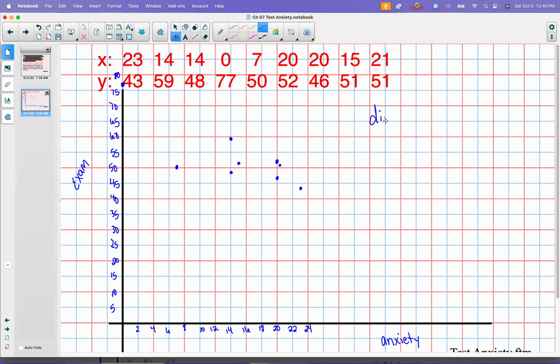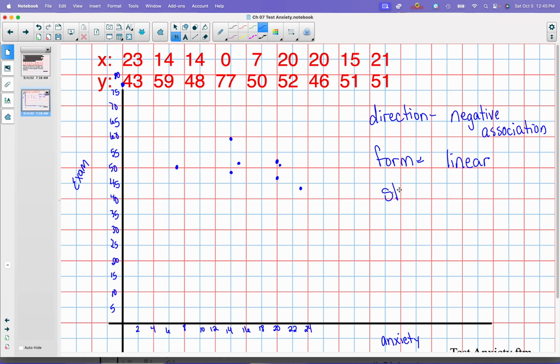So we're going to talk about direction, form, and strength. Hopefully you can see in the direction that we have a negative association. So I'm going to say negative association. As far as the form, I can envision putting a line here, so I would say it's somewhat linear.